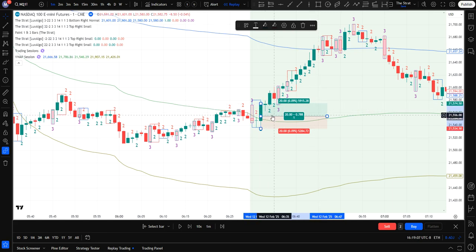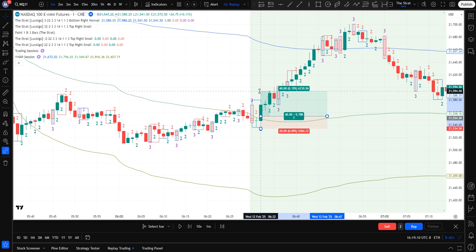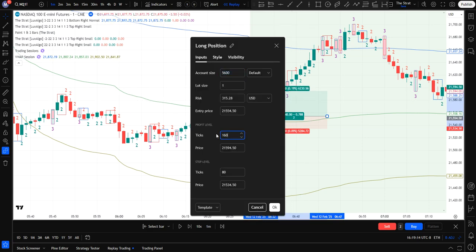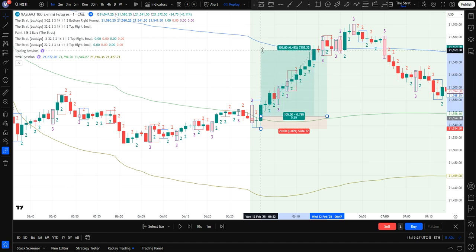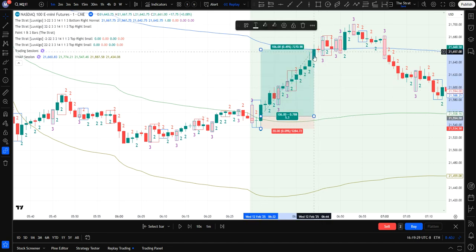Once that gets hit, I move my stop up to break even. I move my secondary target up to 40 points. That's where I trim. I take off half my position at 20, up to 90% at 40, and then I let the rest run to VWAP if that happens.